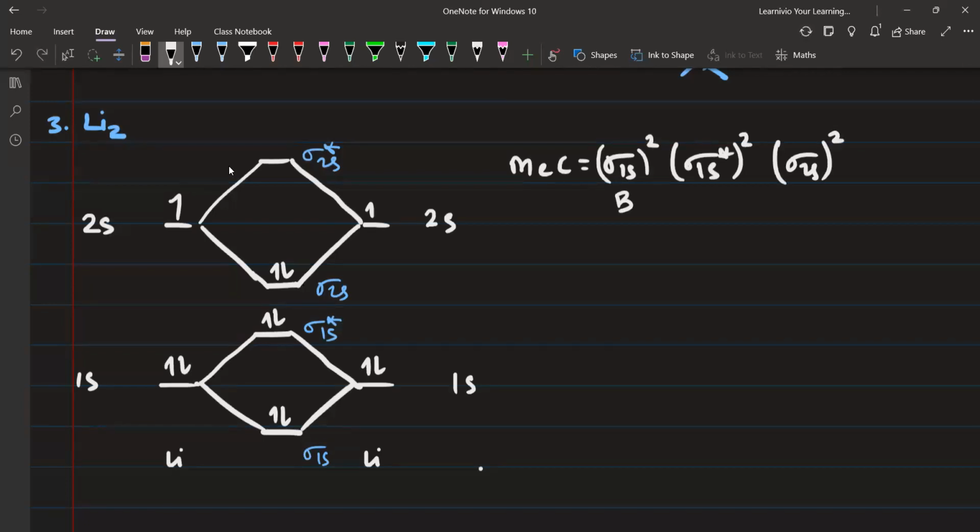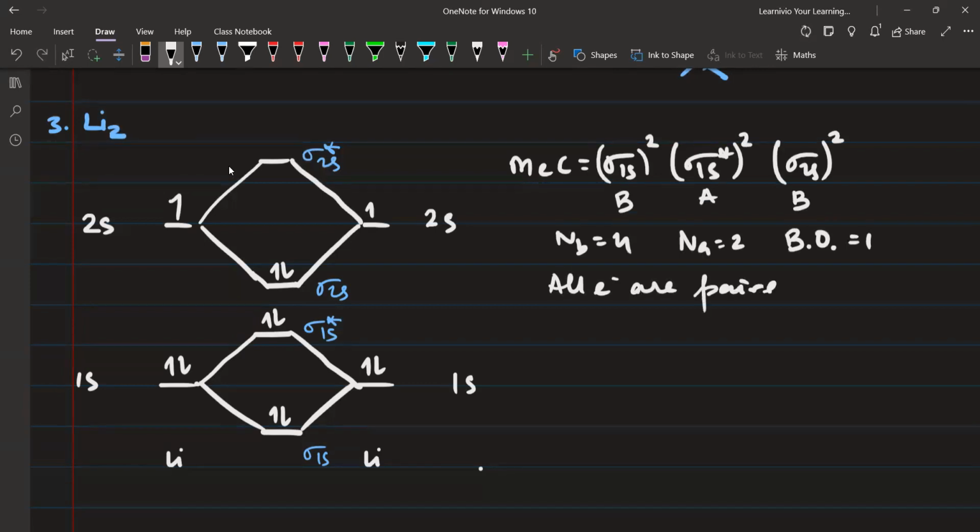This is bonding, this is anti-bonding, this is bonding. Number of bonding electrons is 2 plus 2, equal to 4. Number of anti-bonding electrons is 2. Therefore, the bond order will be equal to 1. And all the electrons are paired. Therefore, diamagnetic.